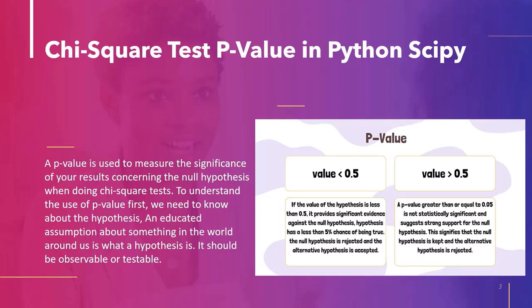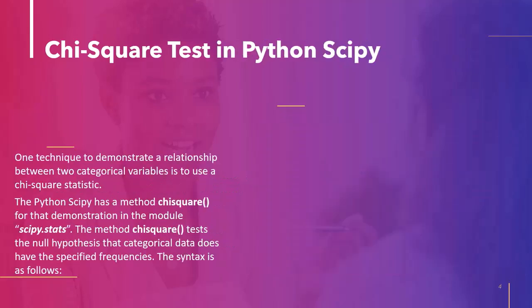The next topic is chi-square test in Python SciPy. A chi-square statistic is one way to show a connection between two categorical variables. For this illustration, the Python SciPy module scipy.stats contains a method chisquare. The method chisquare is used to evaluate whether categorical data has the expected frequencies.